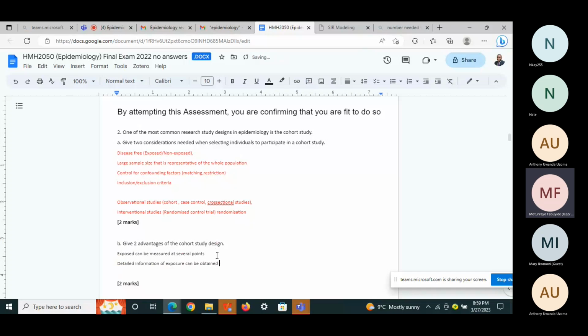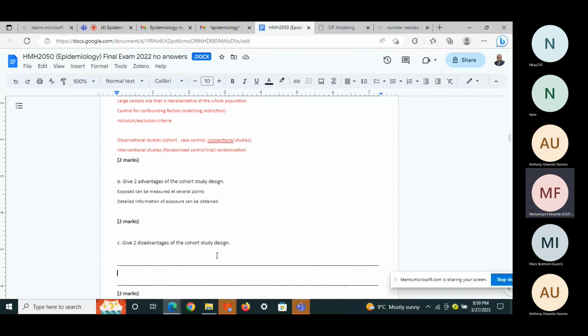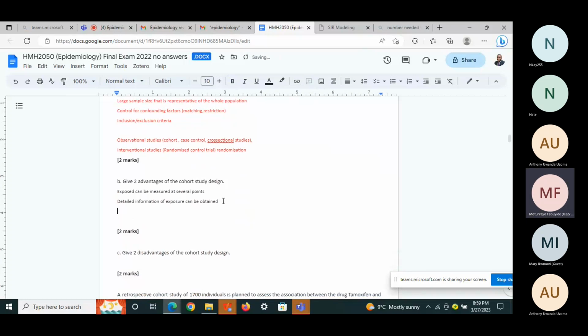For a cohort study, one can collect detailed information on exposure to a wide range of factors. Like you can get detailed information on the exposure.